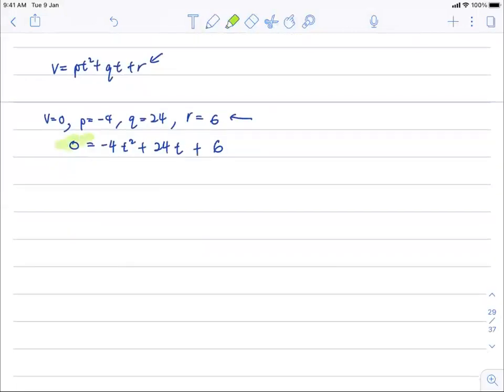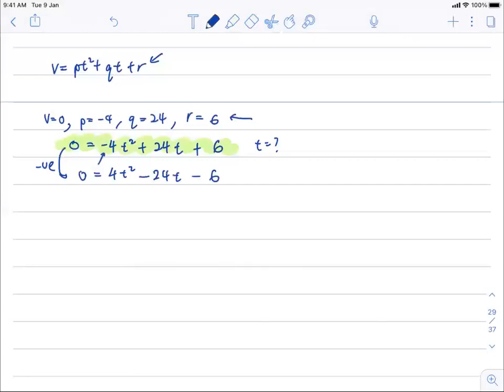Okay, notice this looks very similar to a quadratic equation, and what we want to do now is find t, which is essentially the root of this quadratic equation. We can first try to make this coefficient become positive by multiplying all by negative. 0 equal to 4t squared minus 24t minus 6.